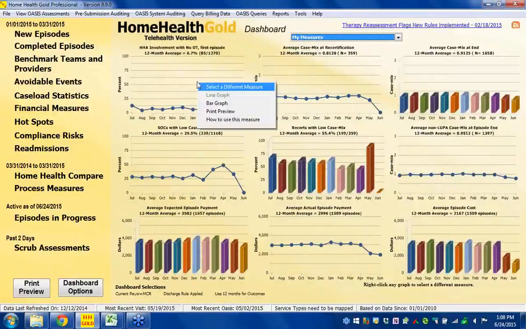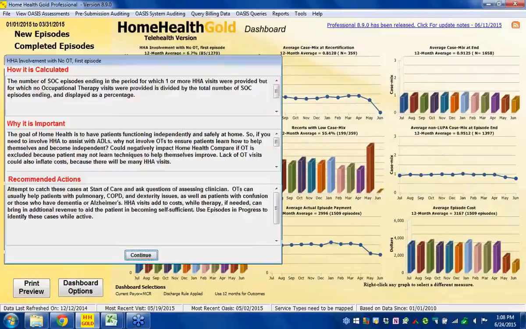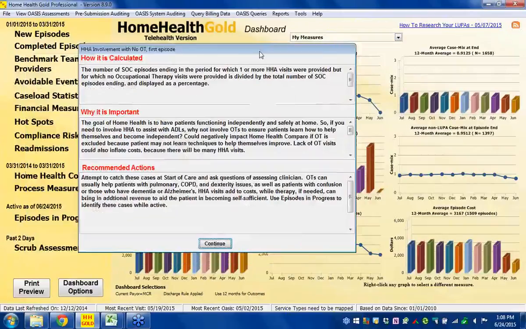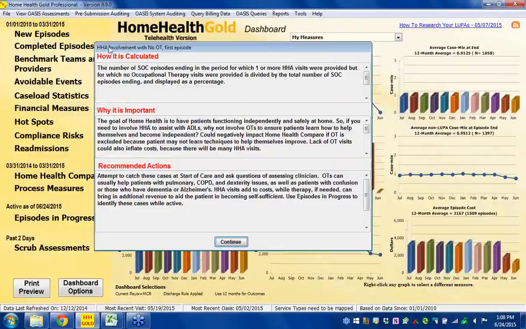So if you right-click on any dashboard spot, you're familiar with the ability to select a different measure or change a bar graph to a line graph. But we've added another layer here of how to use this measure. And this will show you how it's calculated, if you have any curiosities about what we're considering there, why it's an important measure, and what to take for recommended actions if you're not happy with your measure.